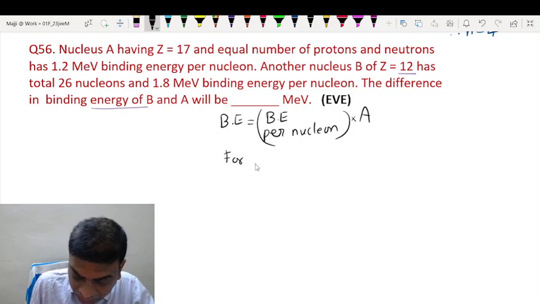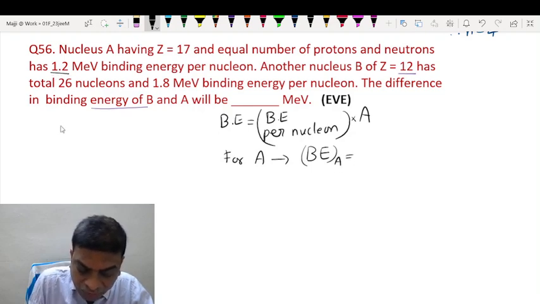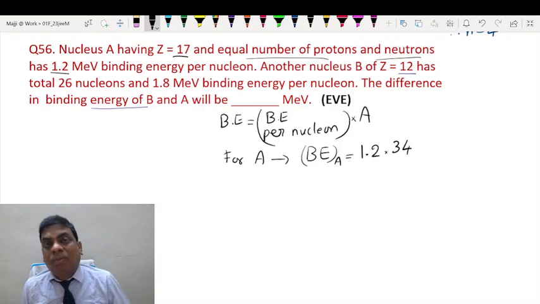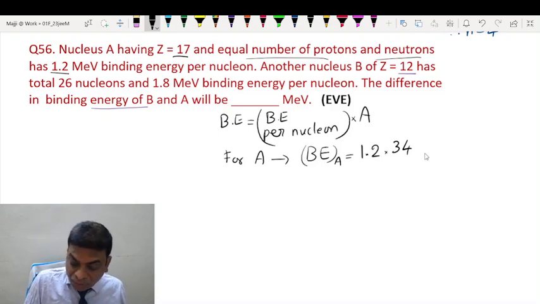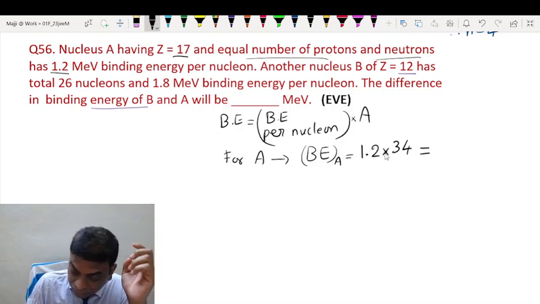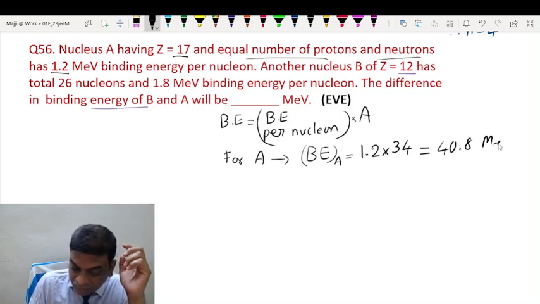So for A, binding energy per nucleon is 1.2 million electron volt, into, since Z is 17 and it has an equal number of protons and neutrons, 17 plus 17. So this is 40.8 million electron volt.